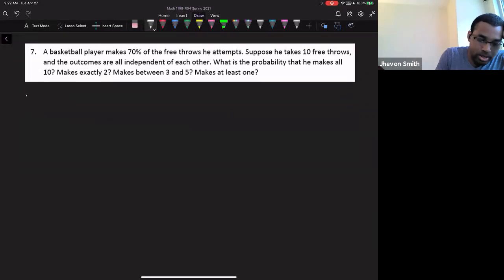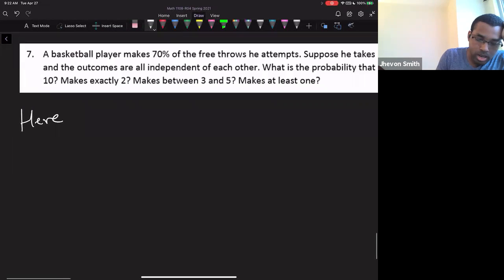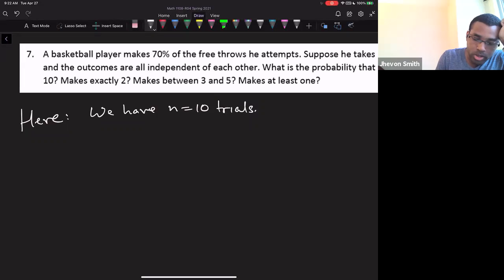You'll notice here, we have n equals 10 trials. He's making 10 free throws. We also have the probability of success is 0.7.